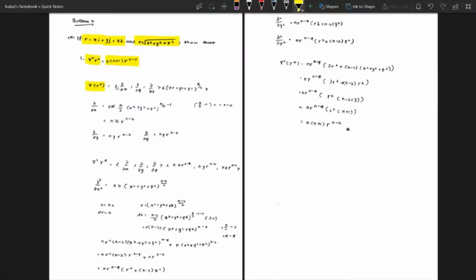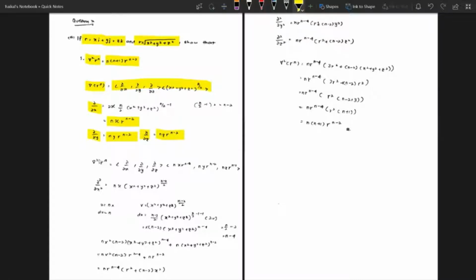So we use dot product, and then for partial over partial x, we get n x r to the power of n minus 2. Partial over partial y, we get n y r to the power of n minus 2. Partial over partial z, we get n z r to the power of n minus 2.